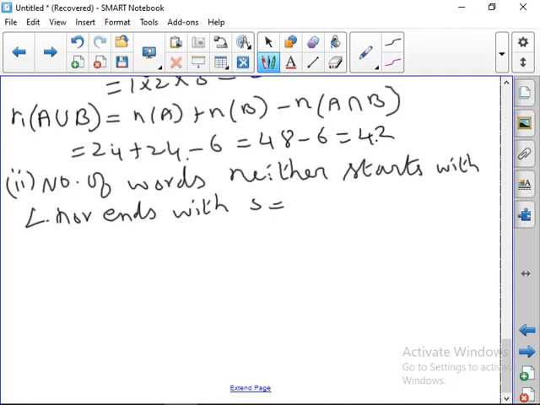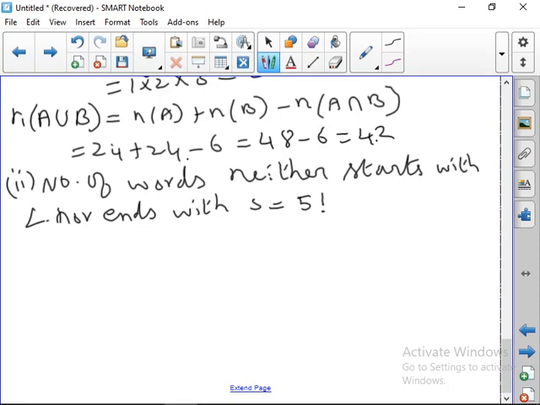There are 5 letters in the word L, O, T, U, S. So, 5 letters. So, total number of words that can be framed is 5 factorial we say. Okay, 5 factorial. Factorial you will be learning in the next topic, after completing this I will explain. So just take this as 5 factorial now. Total number of words formed with the 5 letters is 5 factorial.